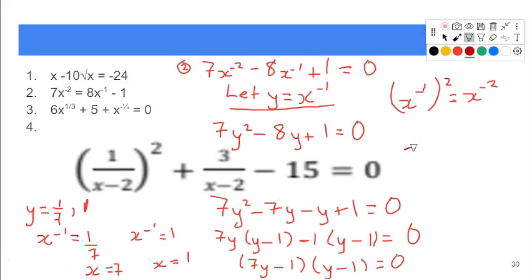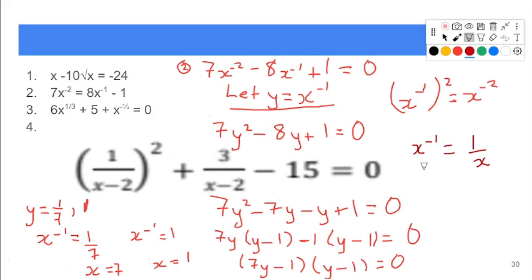There is this indice rule that if you have x to the power of -1, that is the same thing as 1 over x.